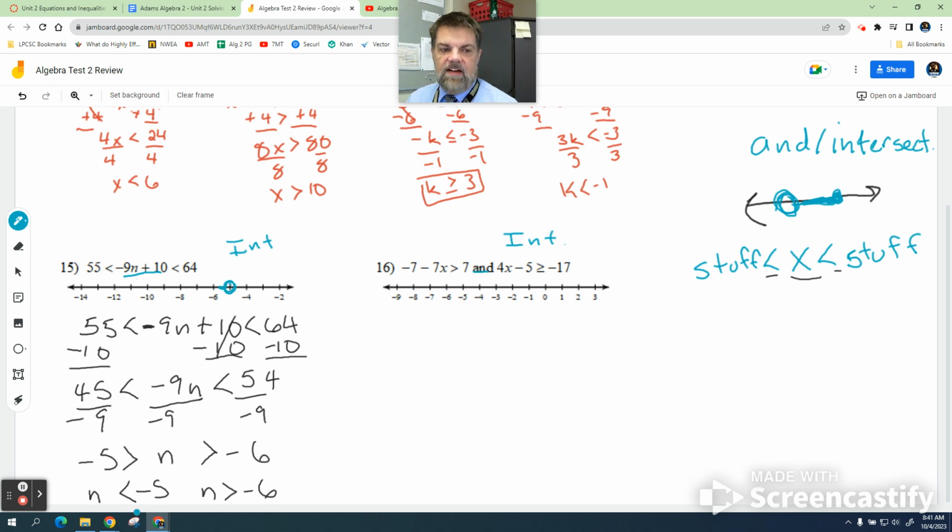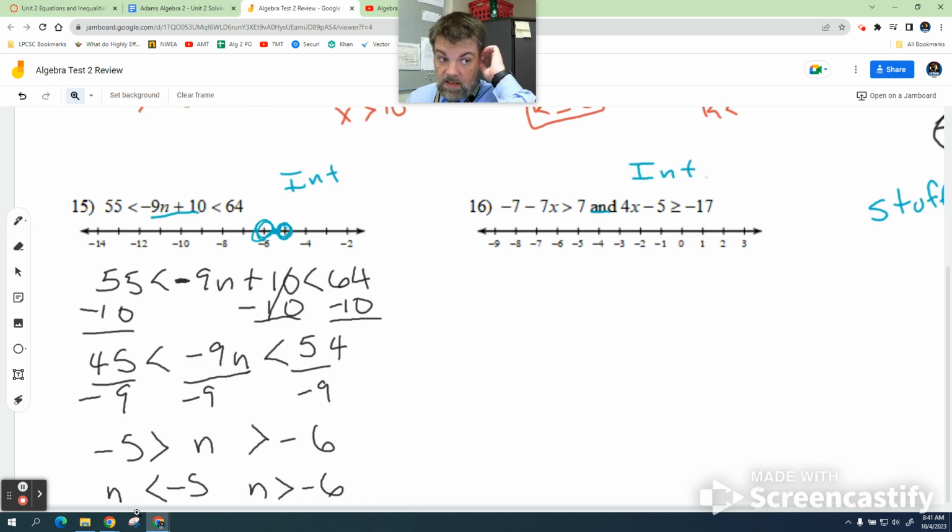Over here, I have an open circle at negative 6, and I have greater than, right? So this is actually the intersection between those two values. Does that make sense? And that's it.